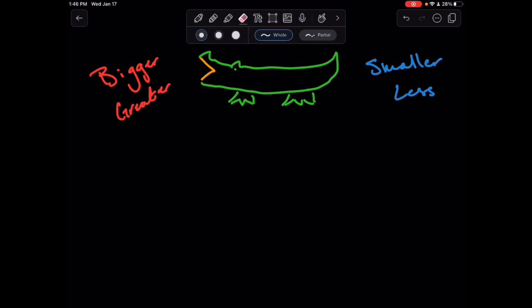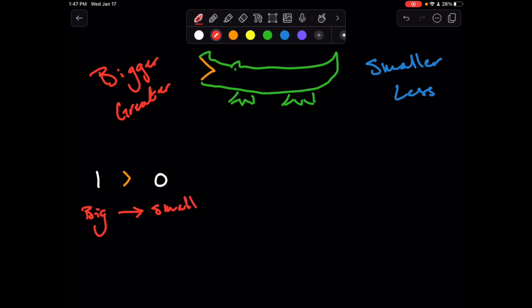So let's take a look at the example of comparing 1 and 0. So we know that 1 is bigger than 0, so the alligator should open its mouth towards the 1. Now, when we're reading this inequality, if we're moving from the big number to the small number, then we're going to say 1 is greater than 0.